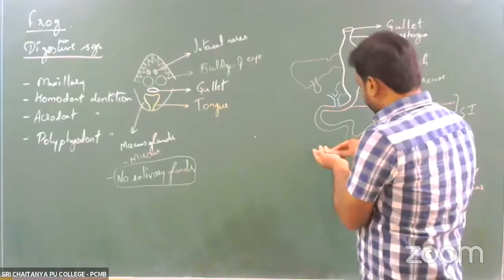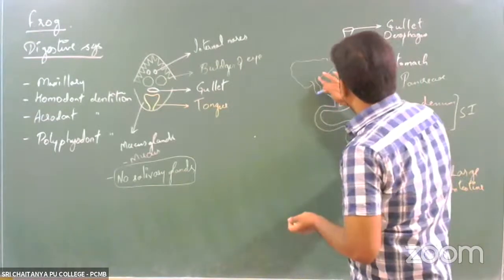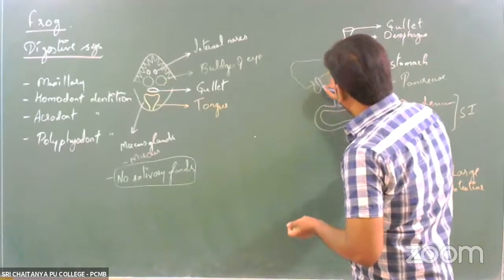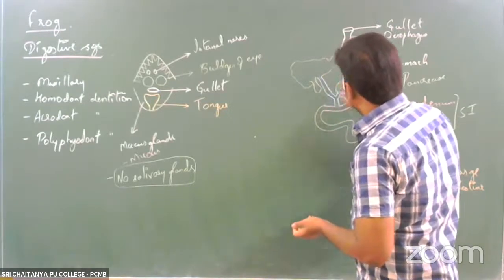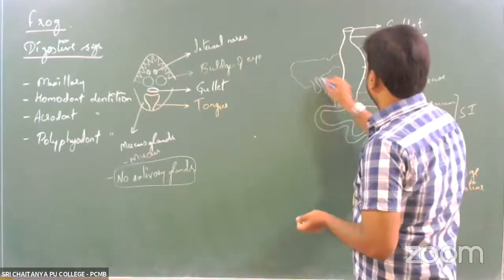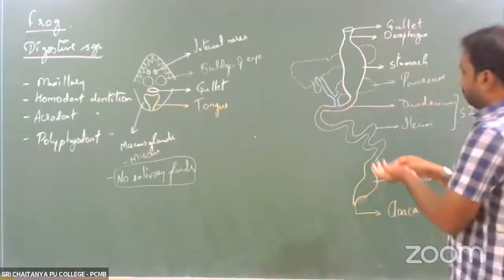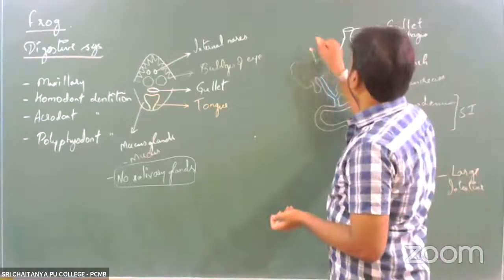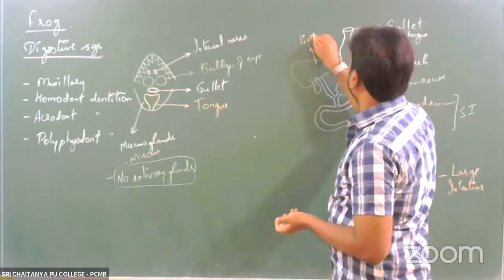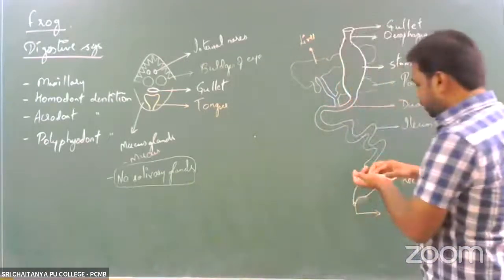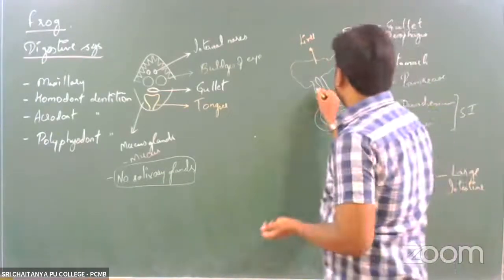And from here we would have the duct coming up. So this is how it appears to be. This would be the liver, and this one here would be the gallbladder.